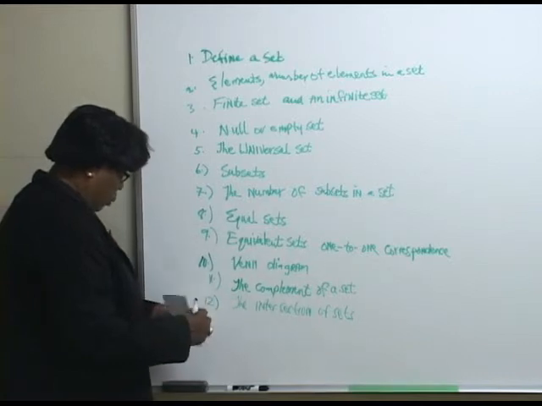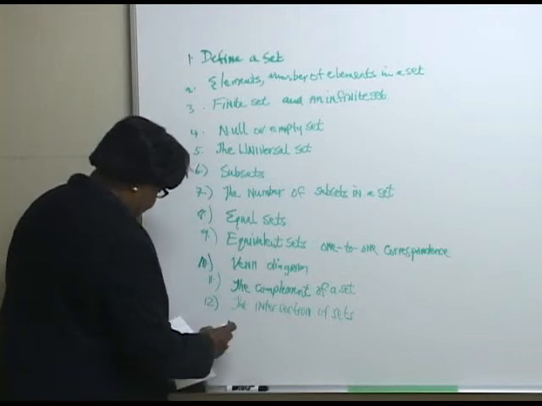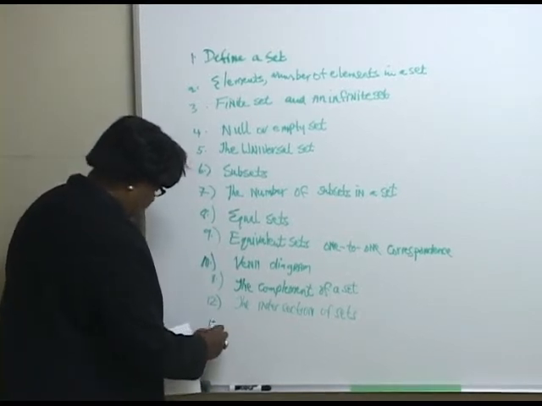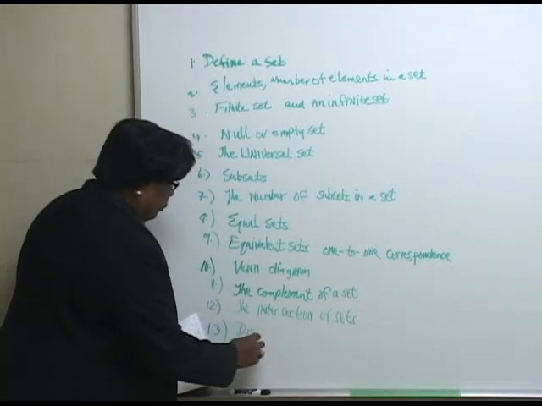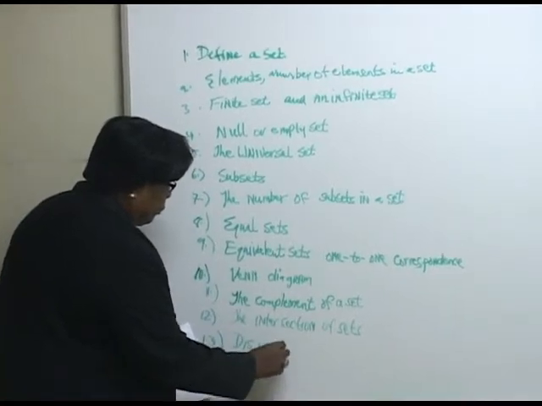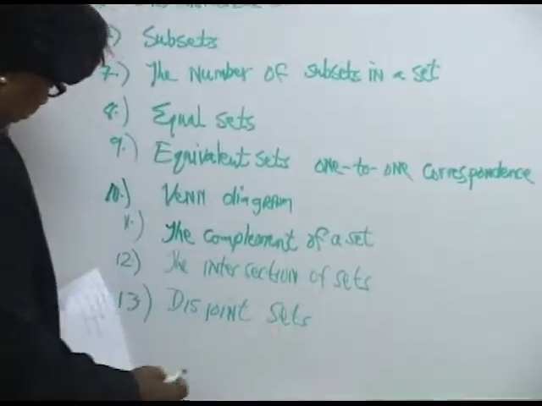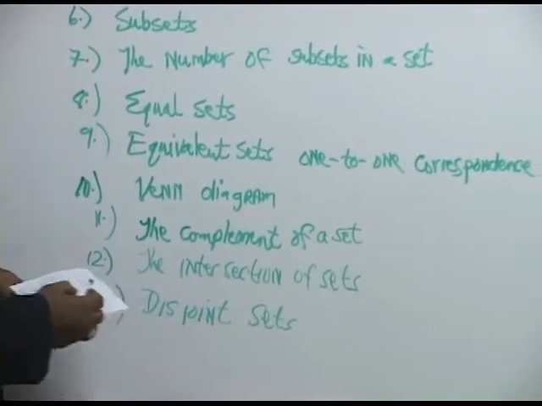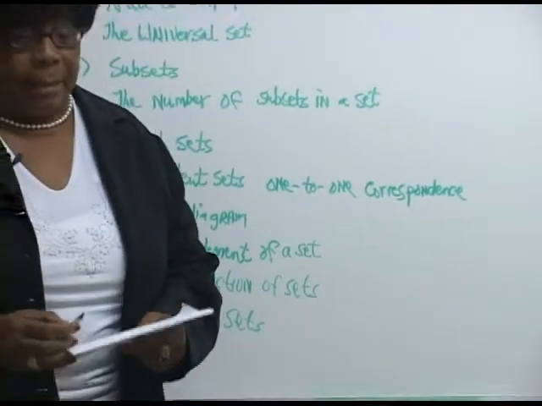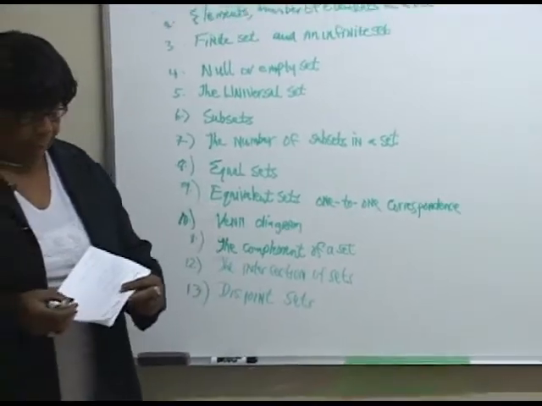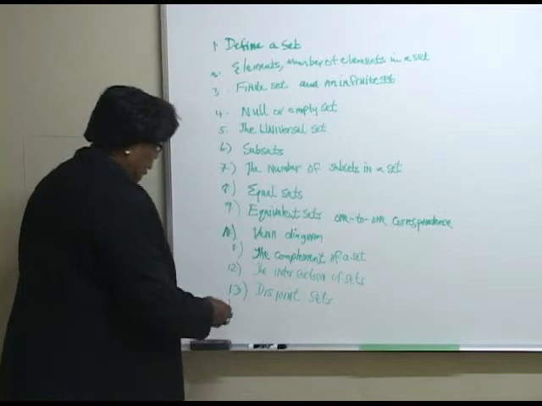And of course, where we have our intersection, we can also have disjoint sets. And then we want to know the number of elements in two sets.